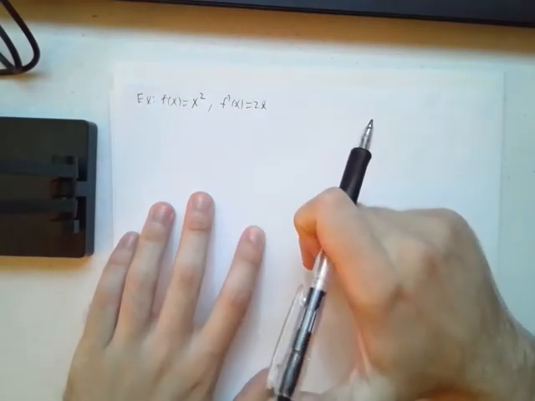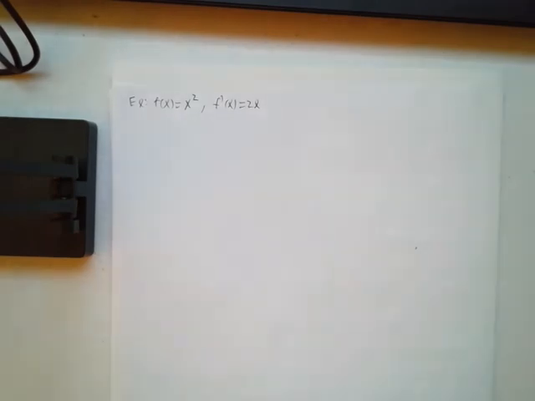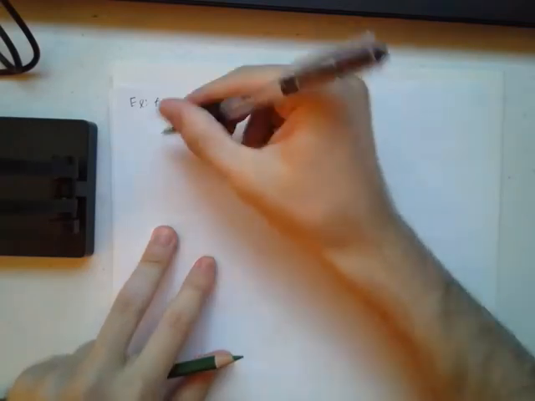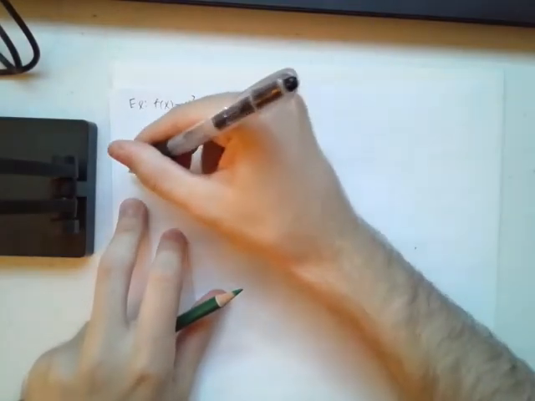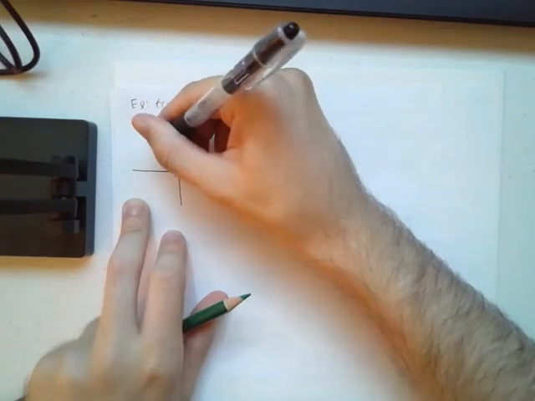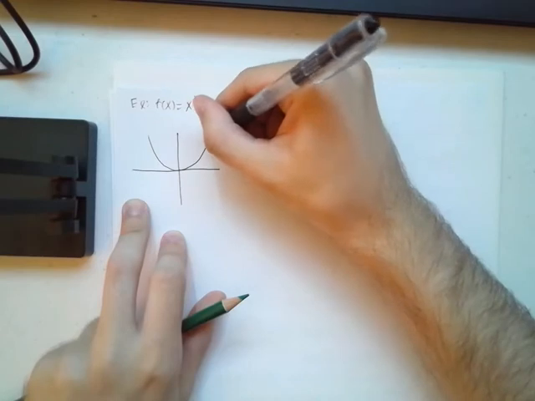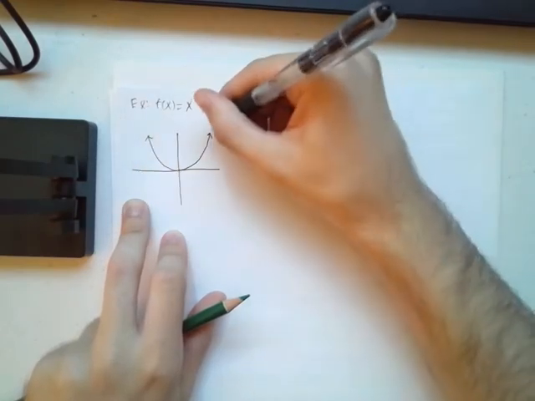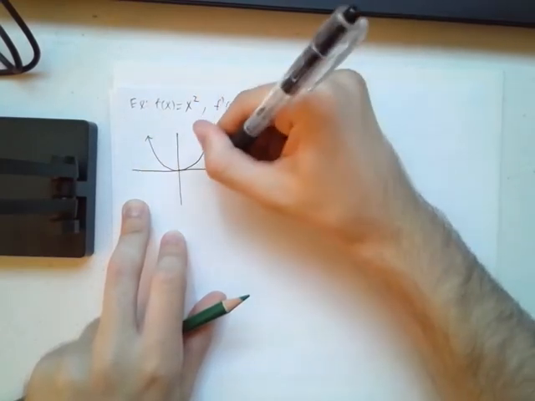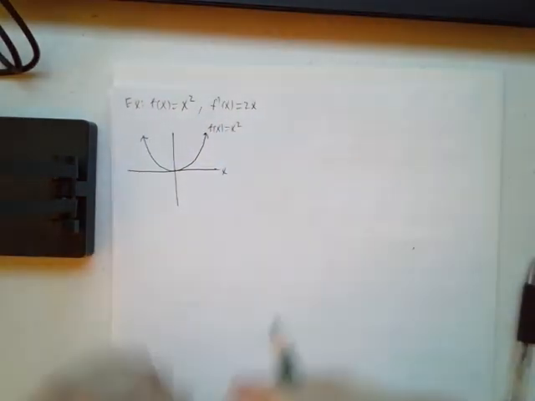So let me get a color here. First, I'll plot the function f of x equals x squared. So that's a parabola, something like this. So now I'm going to plot the function 2x.